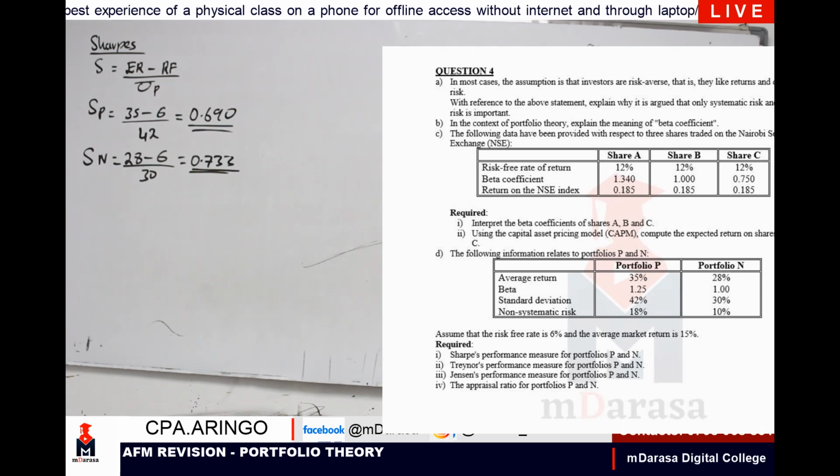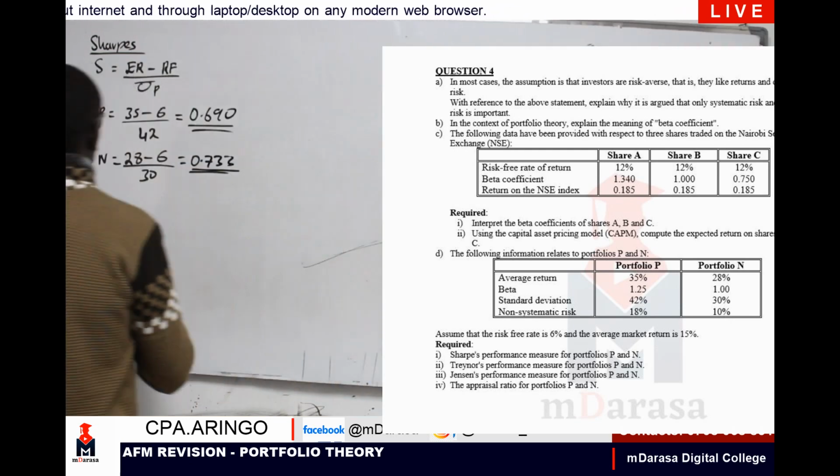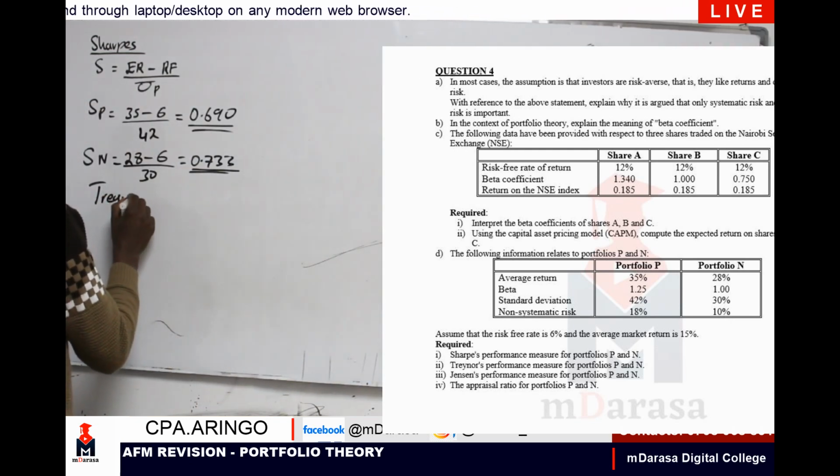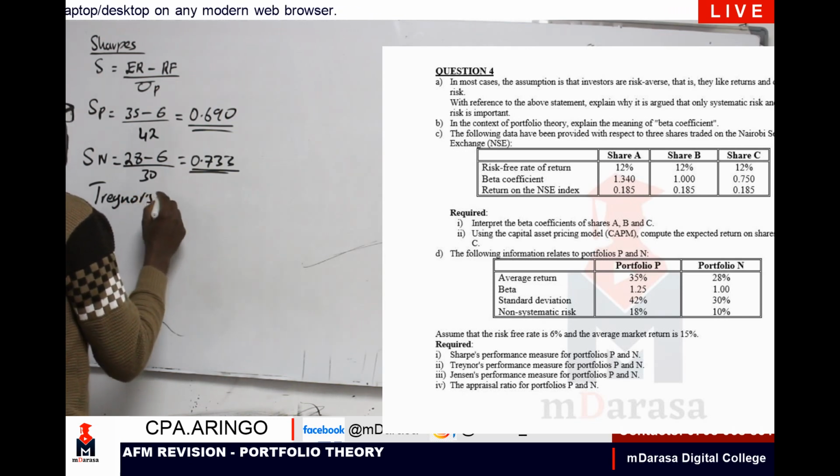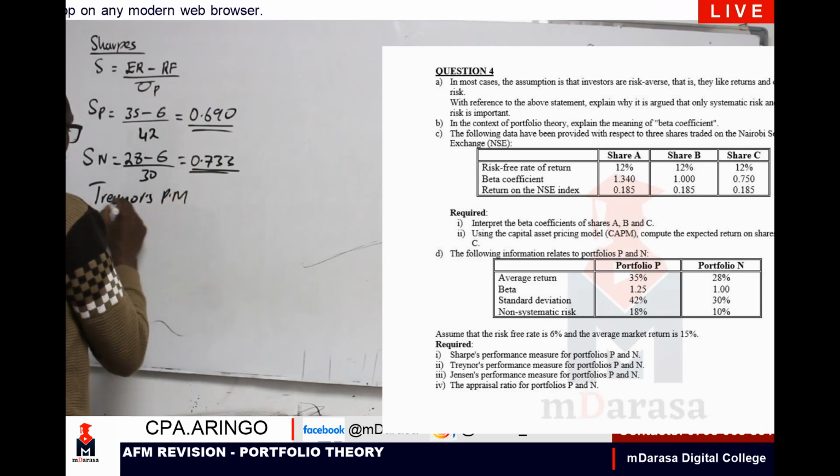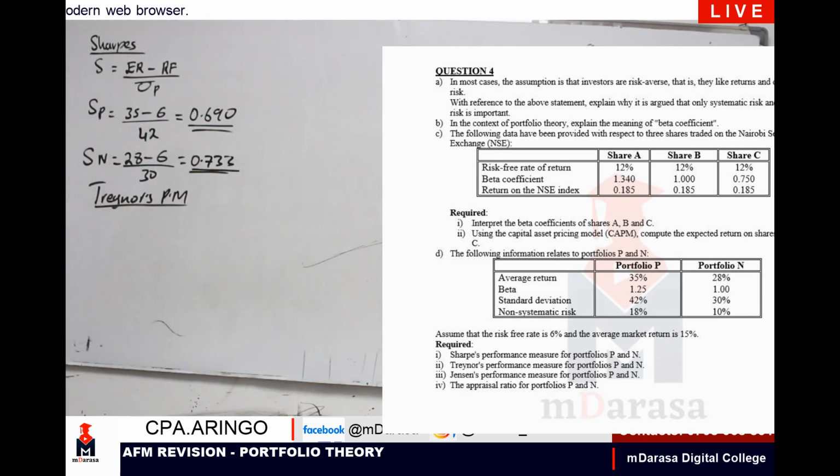Once you're done with Sharpe's, you are also asked of Traynor's performance measures of P and N. So we are done with Sharpe's, talk about Traynor's. This again will be very, very simple, because Mwalimu had already shared with us the concept of Traynor, whereby this is a risk premium per unit of beta.